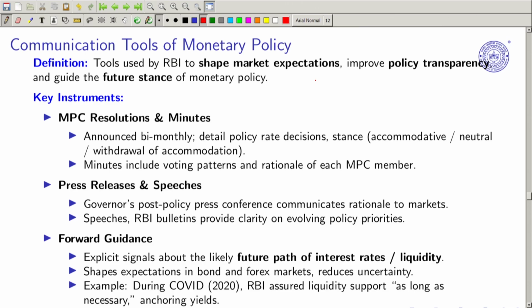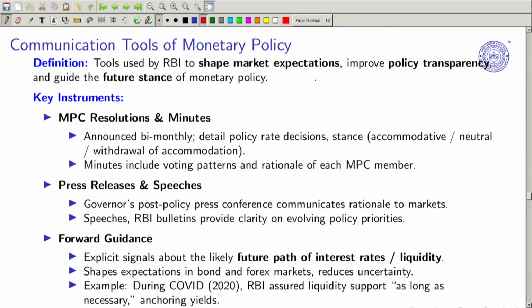The second thing is the communication that happens from the central bank side. Here we are going to focus only on the central bank, and we'll try to see how banks and other entities absorb that kind of news, or whatever shock they receive, and how they deal with it. So here it is about policy transparency.